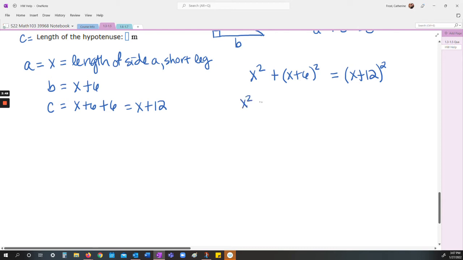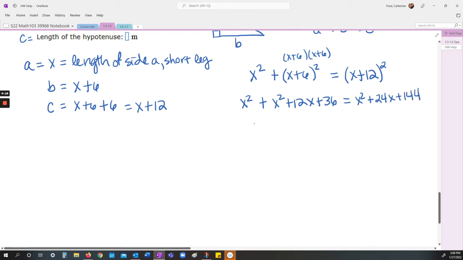So X squared plus, okay, X squared plus 6X times 2 is 12X, plus 36. Now, if you don't remember that little trick, you can just write it out as the two sets of parentheses and distribute to get that. And then over here, X squared, multiply the two together, 12X, but double it, so 24X, and then plus 12 squared is 144.